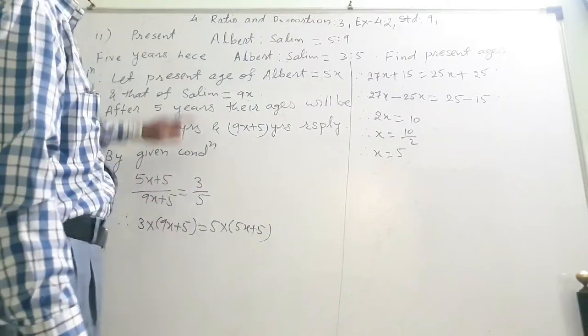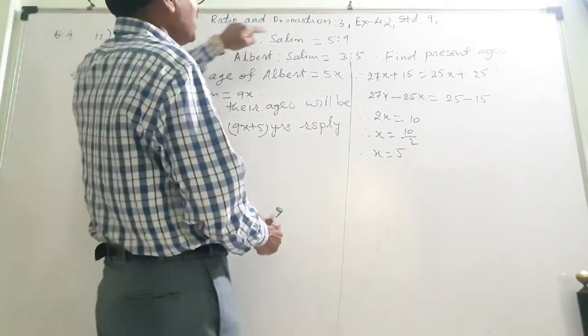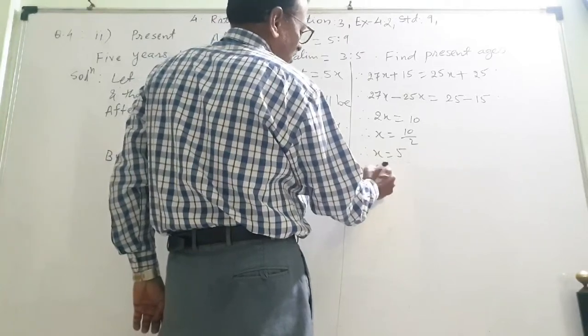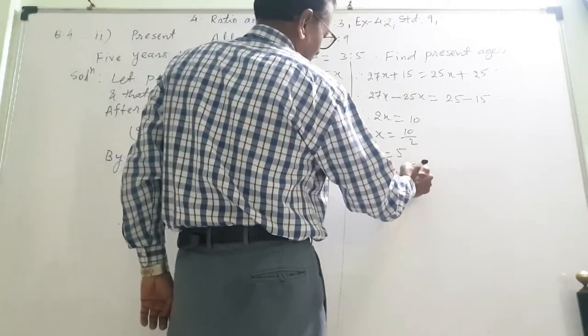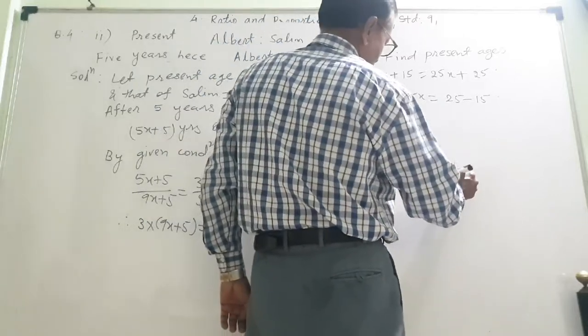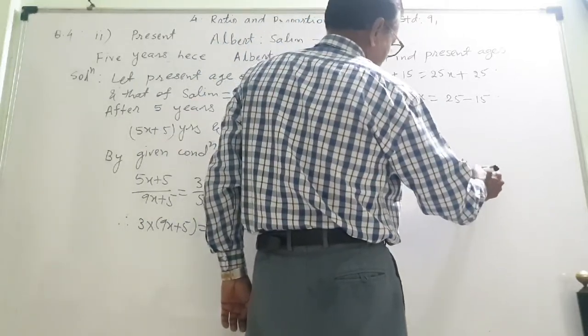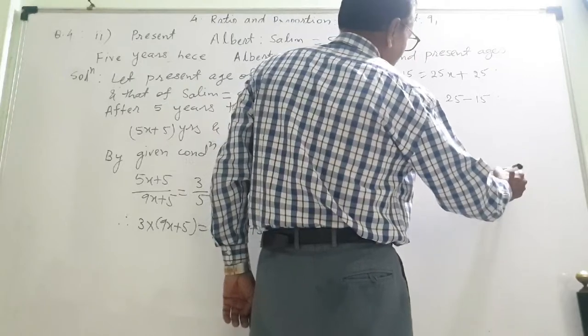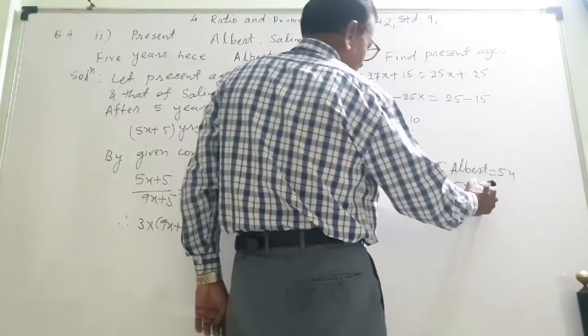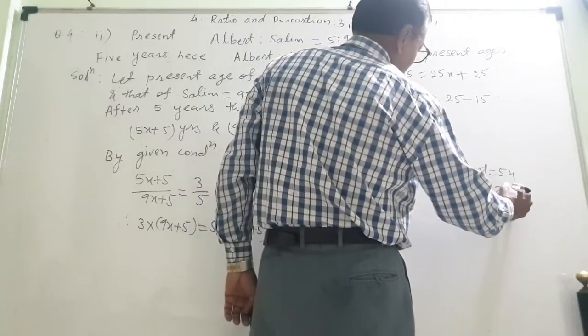Now, present age of Albert is equal to 5x, which is 5 into 5, equal to 25 years.